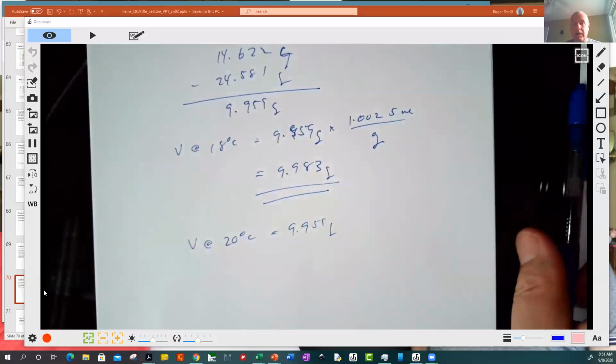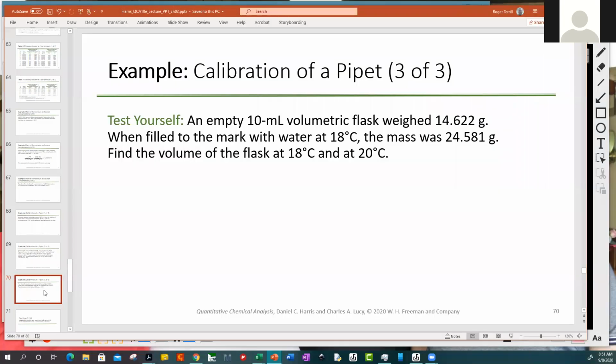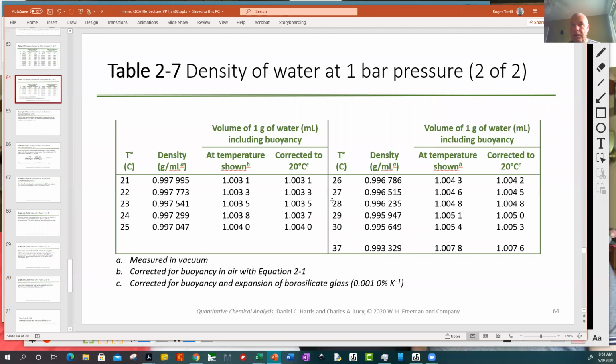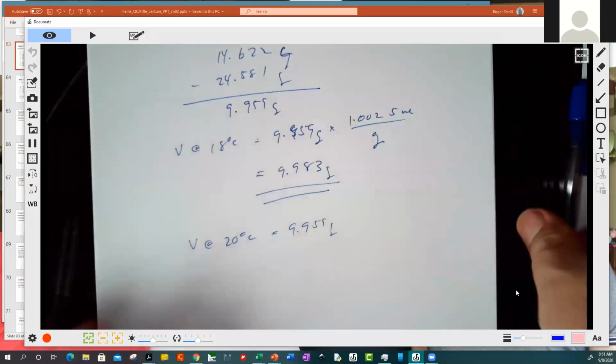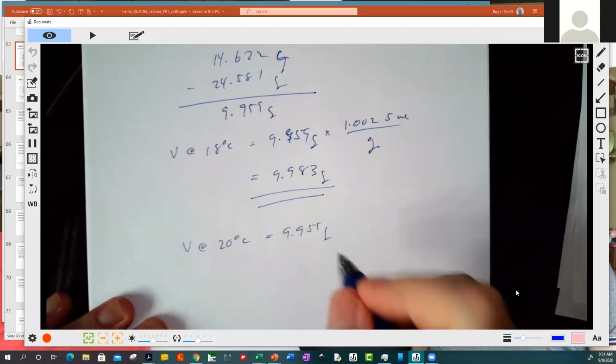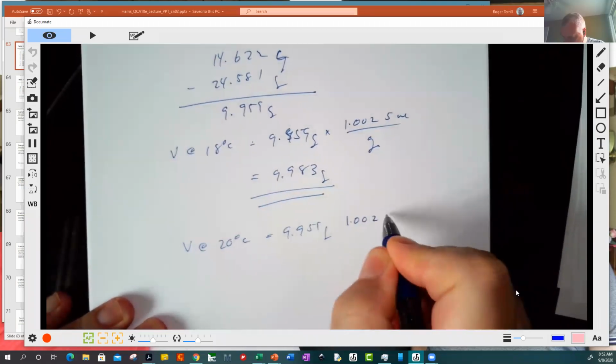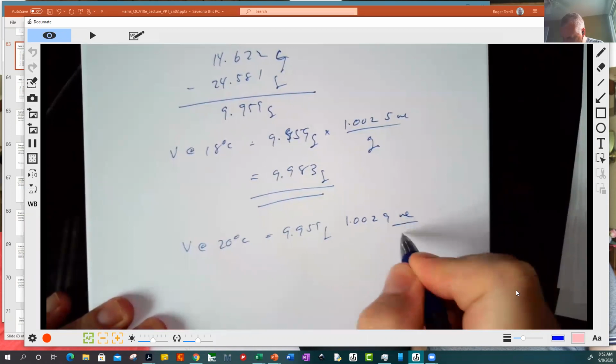Volume at 20. That factor there is going to be 1.0029 mLs.